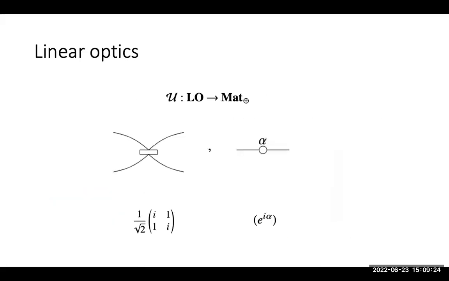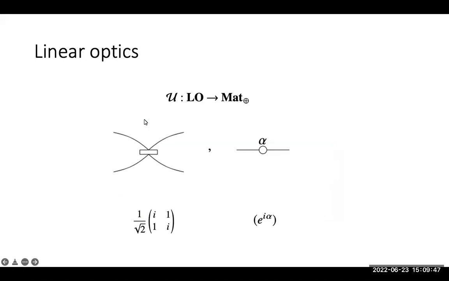We can formalize this setting by defining a category LO of linear optical circuits, which is generated by two basic physical gates, the beam splitter and the phase shift. These have an interpretation in matrices with biproduct.